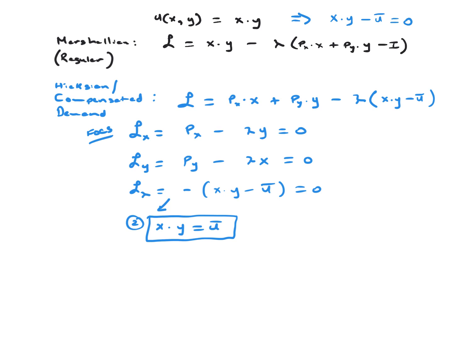For the first two first order conditions, you'll notice that what I can do is solve explicitly for lambda. So I'll have the price of good X divided by y. In other words, the price of X divided by the marginal utility of X. For the second first order condition, I can get the Lagrangian multiplier equal to the price of good Y divided by the marginal utility of Y, which in this case is just X. So I'll take those two expressions.